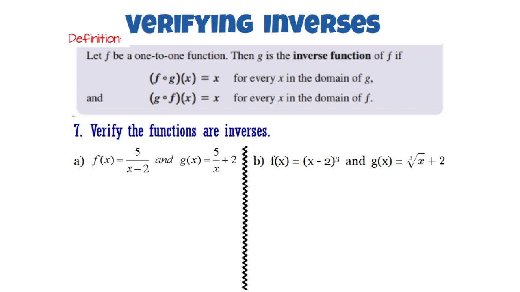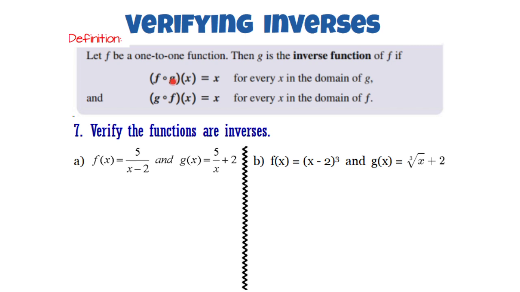So that means G is the inverse function of F if these two things hold true. If you do these composite functions, F of G of X should end up equaling X for anything that you plug in for X. But also G of F of X should end up reducing down to X. In other words, remember when you do the composite function, you plug one function into the other.